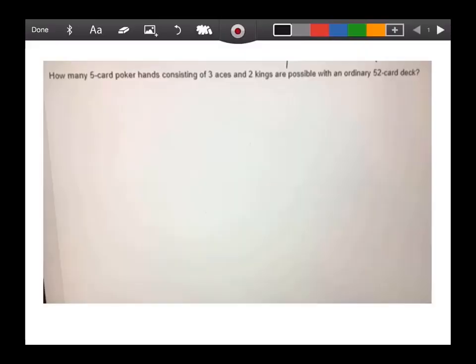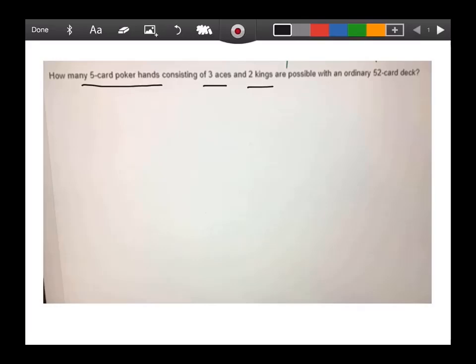So the next problem here says, how many 5-card poker hands consisting of 3 aces and 2 kings are possible with an ordinary 52-card deck? Okay, so we're not doing a probability problem here. We're just trying to figure out how many 5-card poker hands can be made with 3 aces and 2 kings.